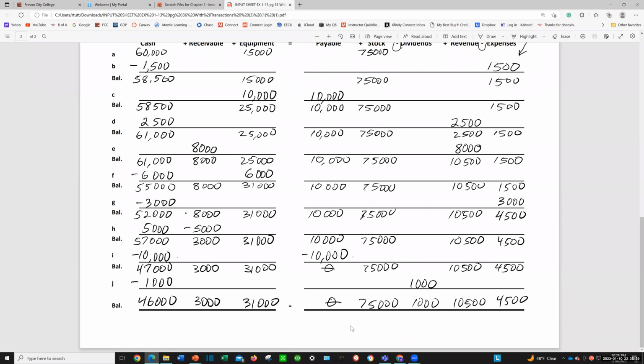So again, it's going to be plus 75,000 minus 1,000 plus 10,500 minus 4,500. You net that together and you'll see that that's 80,000. So there'll be 80,000 on this side and 80,000 on that side.